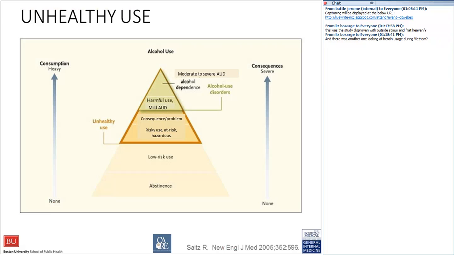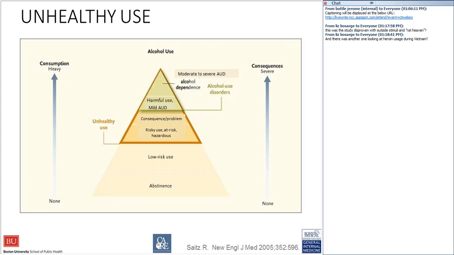But there is a spectrum, as I mentioned before, of use. And this triangle suggests that what we're interested in for health purposes appears in the orange triangle, which I'll call unhealthy use. And that's any use that is of relevance, most use that's of relevance to health. And it ranges from, at the tip of that triangle, where I've written moderate to severe, in this case alcohol use disorder, but it could be substance use disorder.